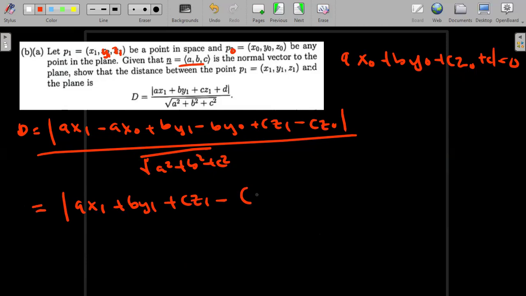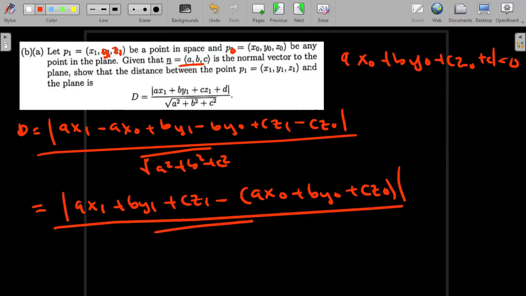You factor them: ax naught plus by naught plus cz naught, like this. You can see we've factored out the negative and put it there. Then over a squared plus b squared plus c squared.